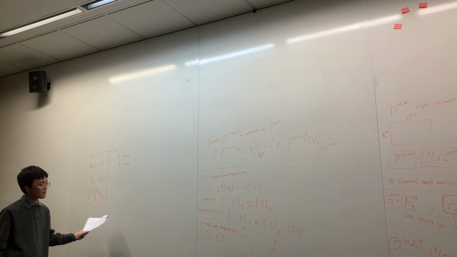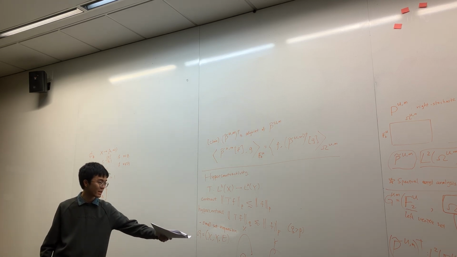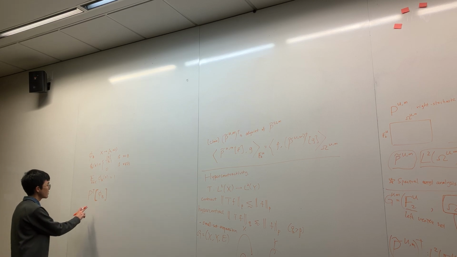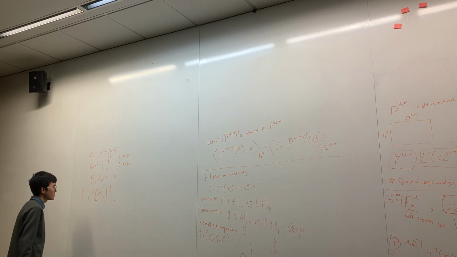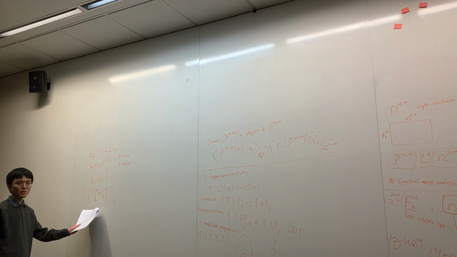How do we measure the collisions of the emanating edges? We can measure the L2 norm of this push forward density function.